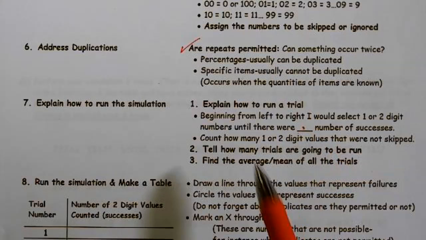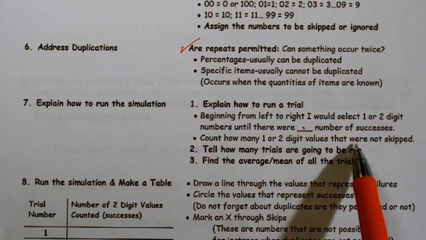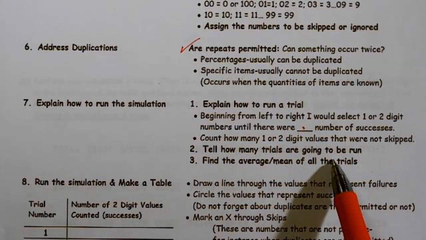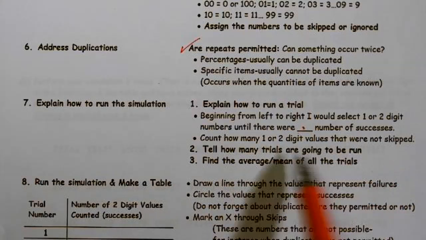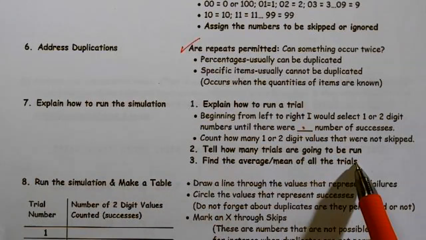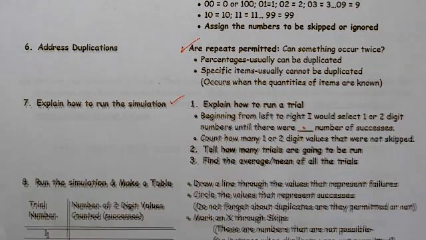And then at the very end, you're going to count how many 1 or 2 digits were considered successes, and tell how many trials are going to be run. Oh, I counted up the number of 3s, and I had to do that 6 different times. Well, then I had 6 trials. And then you're going to take an average. All right, this is also something that you're going to have to write down.